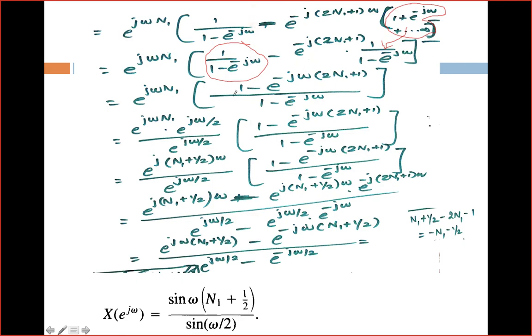Here the common part is e power j omega n1, and inside the bracket I have two terms. For the two terms the denominator is the same, so I take 1 minus e power minus j omega common, and combine the numerator terms. The numerator term is 1 minus e power minus j omega into (2n1 plus 1).